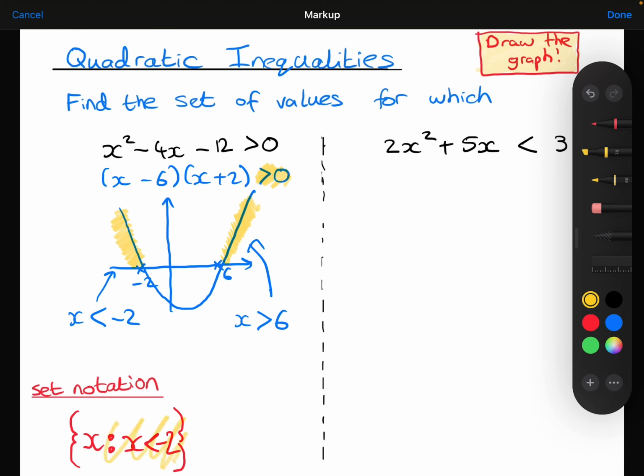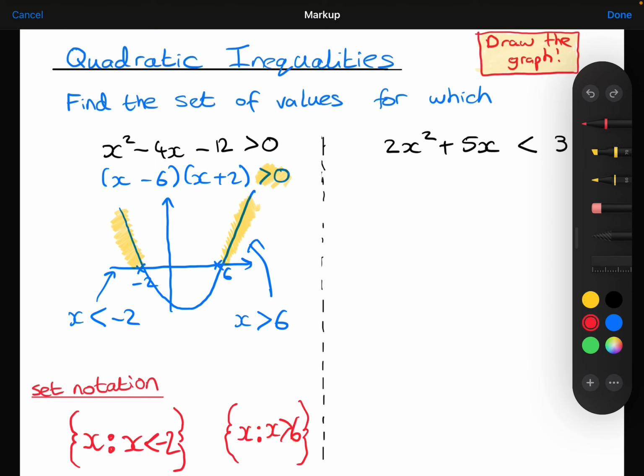So this is the set of numbers over here. Or it could be the set of numbers of x such that x is greater than 6. So this represents all the numbers over here. And it could be in either of them. It could be in this set or this set.